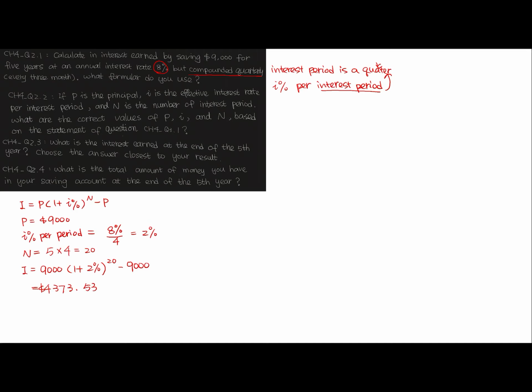That's your interest. And your total now is 9,000 plus 4,373.53. So it's 13,373.53.